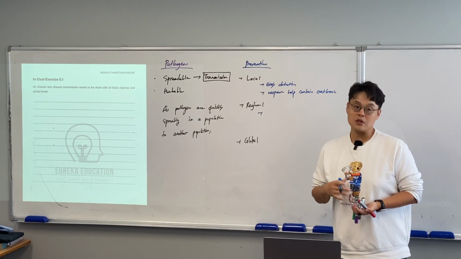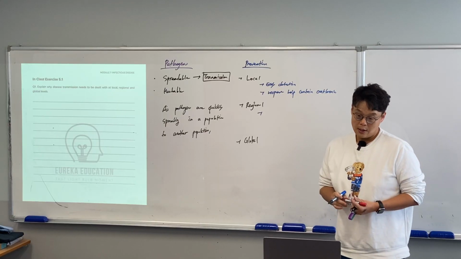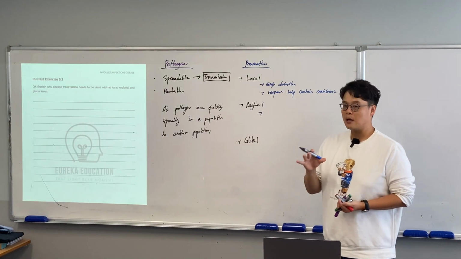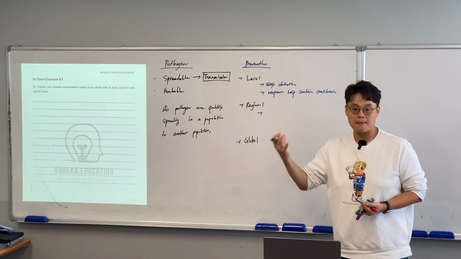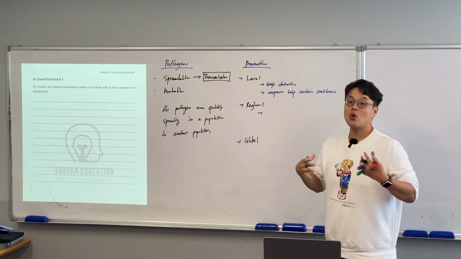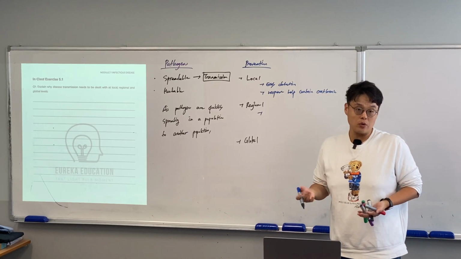And then moving on to the higher level, which is the regional area. Sometimes an outbreak covers a whole region, like a whole state or whole cities. If schools can have outbreaks, then we coordinate with the different schools or regions.